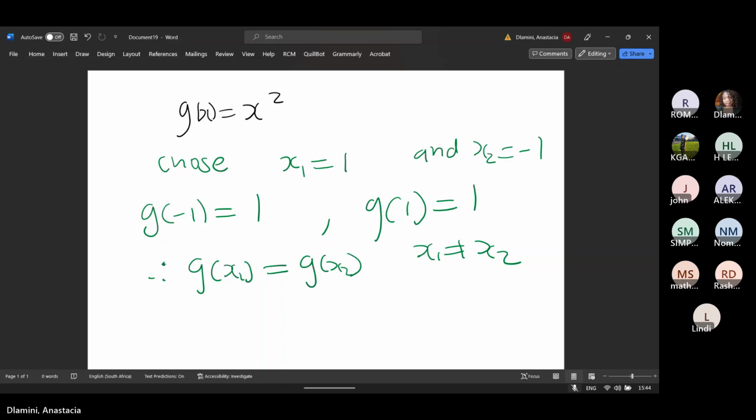For y values? If you're saying there are two x variables... If it's a one-to-one function, we must have one x, which will correspond to one y value.